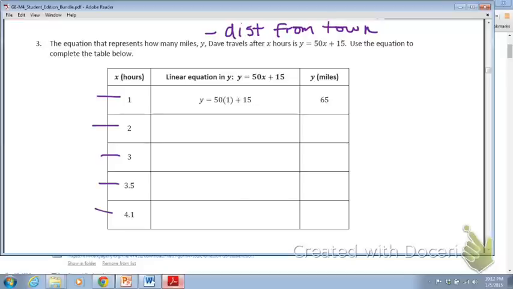Okay, so for 2, I would have y is equal to 50. You should pause the video and do this on your own. And so this would be 115 miles from town, and so on. So pause it and then come back and check.